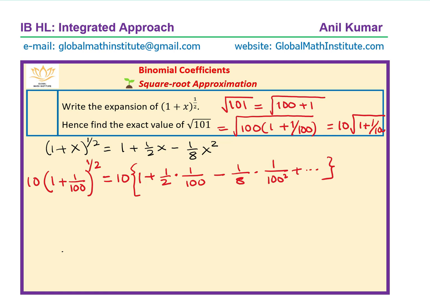So 10 times 1 plus, we can use the calculator if you want to, or we could just use 1 over 200, so 1 divided by 200, minus 1 over 8 and 4 zeros.